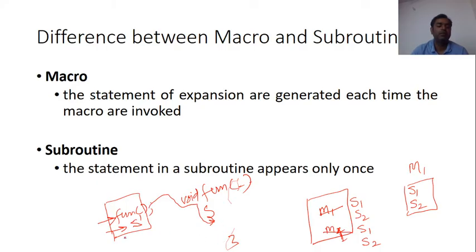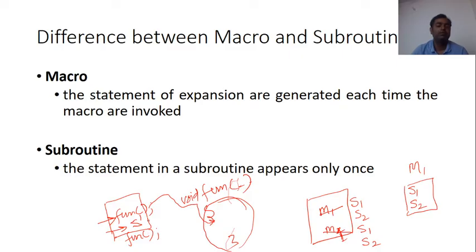Suppose that in this program you have called this function one more time, then in that case also the control will go from here to the definition of the function, execute it, and then return to the next statement here. So you can see in a subroutine, the statements appear only once. You have to write the definition one time and you can call the function more than one time.